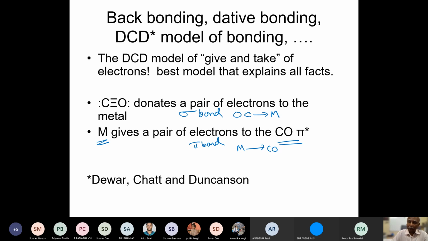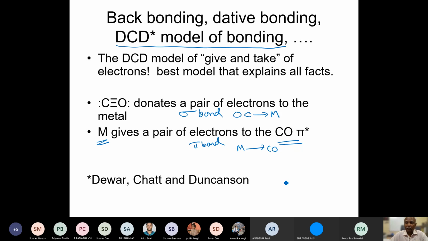So if I have a species which is able to push electron density into the pi star, it will form better complexes. And that is why neutral and negatively charged species form very good compounds. This is very nicely explained by the Dewar-Chatt-Duncanson model of bonding.